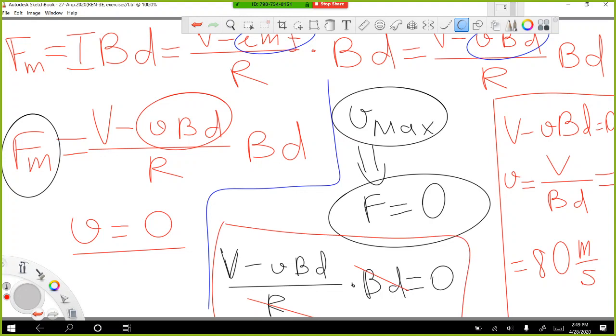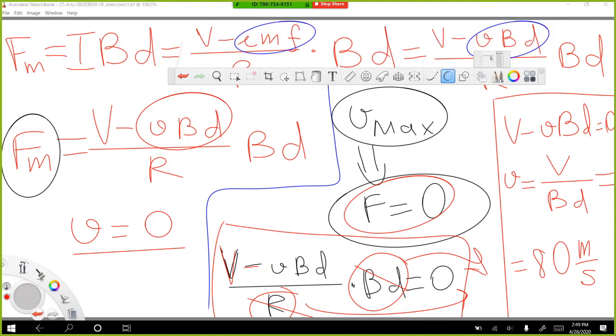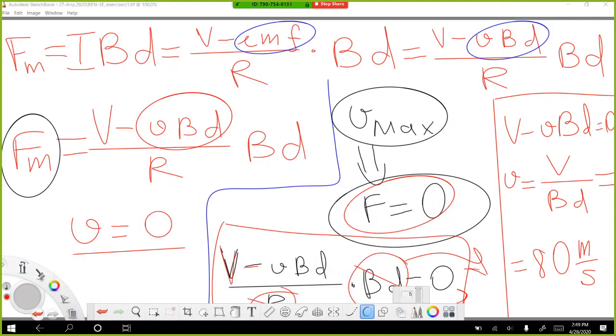Well, when we took force equal to 0, we saw that V minus V B D over R multiplied by B D equals 0. Okay, we move this to the right. Also, we move R to the right, and they simplify with 0.